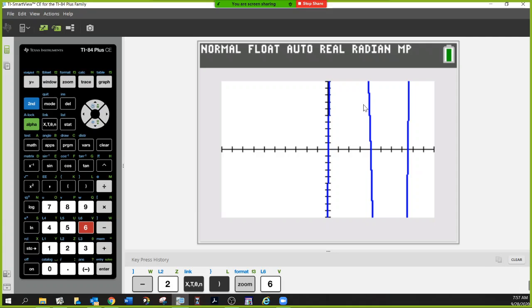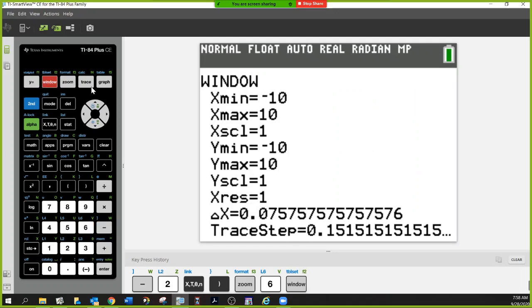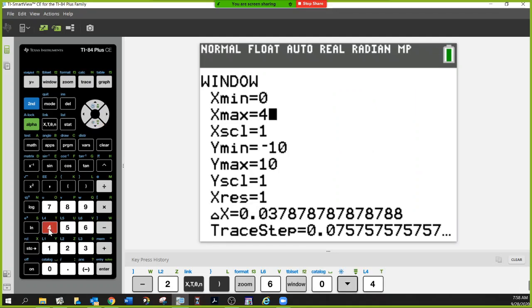Well, I don't see the top of this function. It's up here somewhere, up in space. I actually have no idea what that number is. I'm going to take an educated guess. This thing looks really steep, and I'm going to take my y values from 0 to 100, and I'm going to hope. I honestly don't know. So window, my x minimum is 0, and my x maximum is 4. We know that.